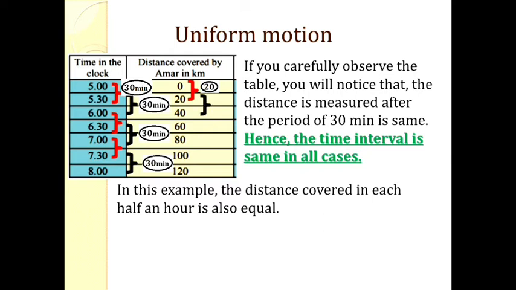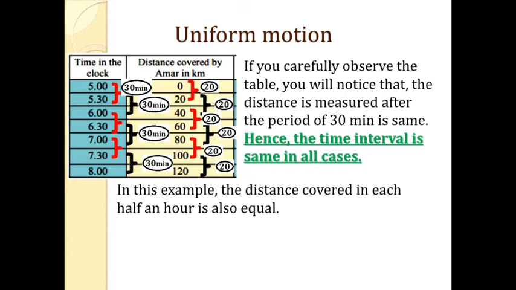In the next time slot, 20 kilometers to 40, again he has covered 20 kilometers. Now, in the next interval, 40 kilometers to 60 kilometers, also he has covered 20 kilometers. In a similar way, if you calculate, in each time interval, the distance covered is also equal.